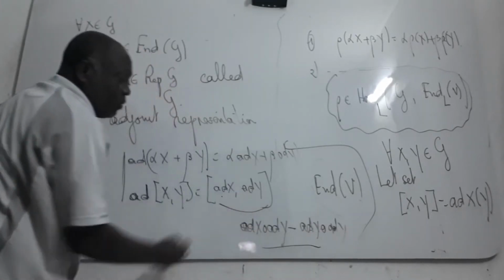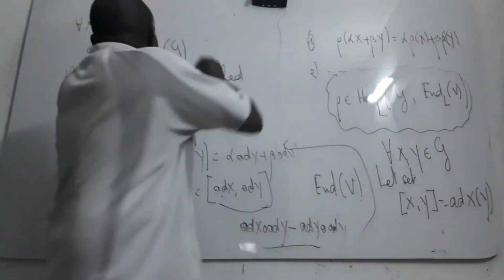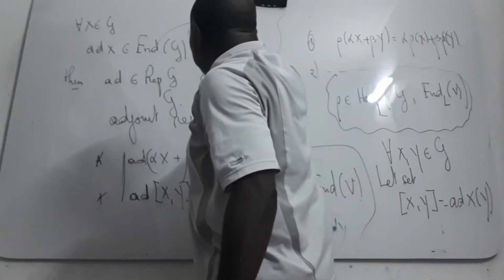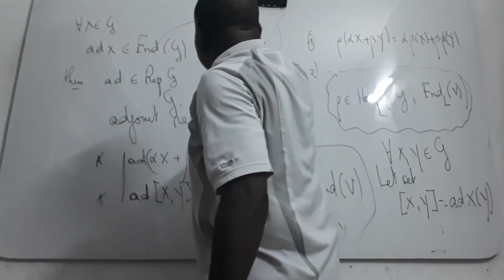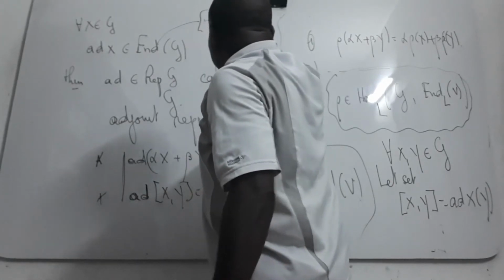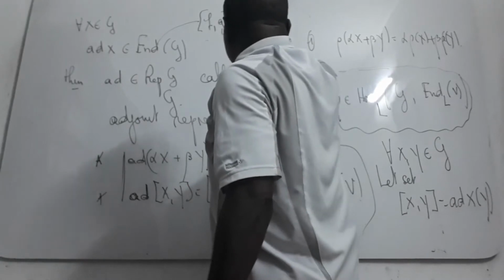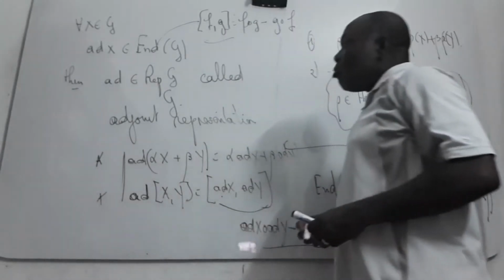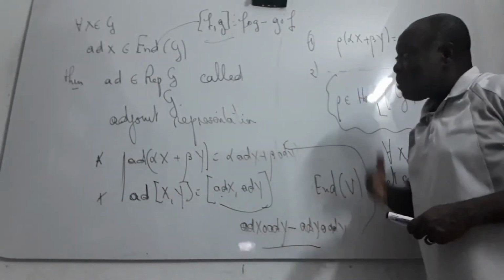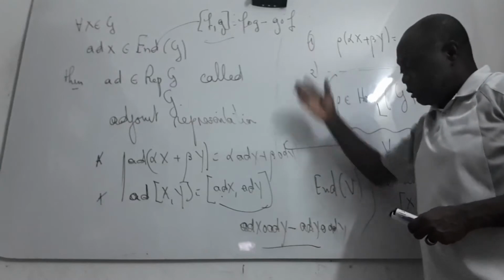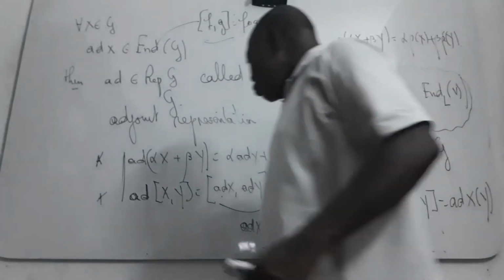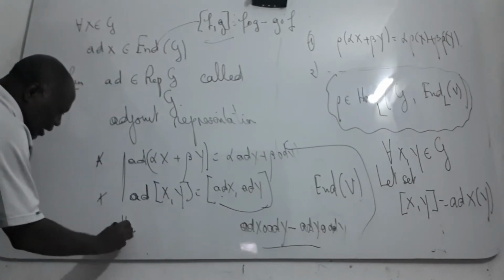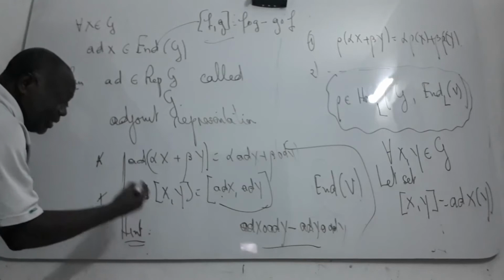Remember that this is a Lie algebra, but the bracket for any endomorphisms f and g is f composed with g minus g composed with f. For the proof here, you can just use the Jacobi identity.